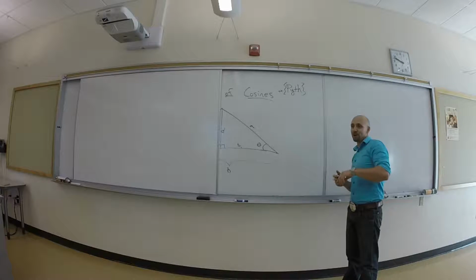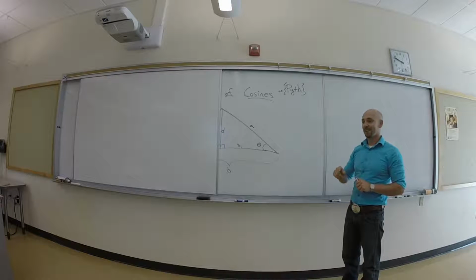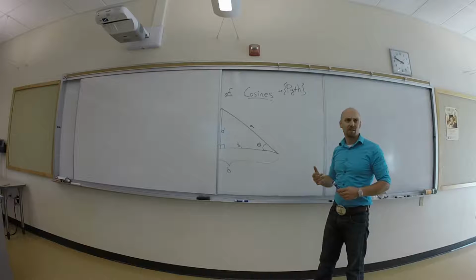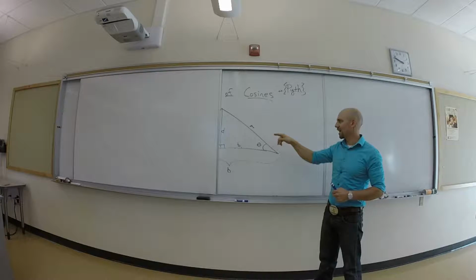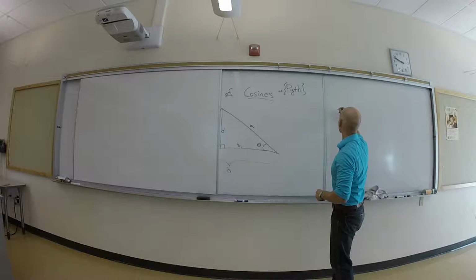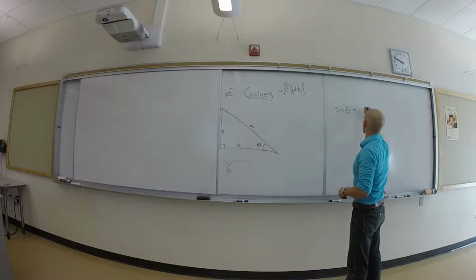Say that with more confidence, whoever said that. Sine. Thanks, Ethan. So sine is some kind of theta, A, and D thing. So if I write down sine of theta, what's that going to be?